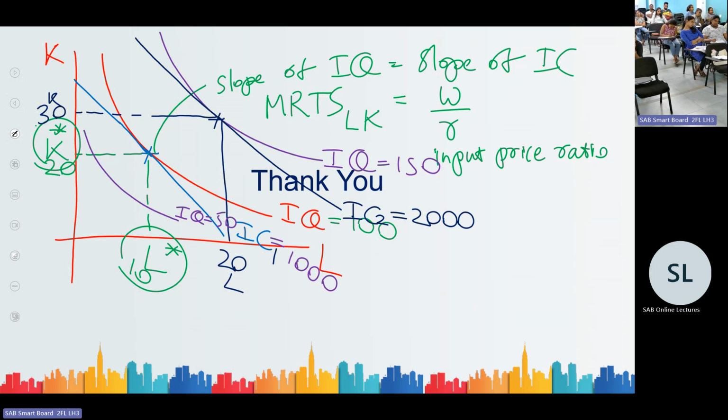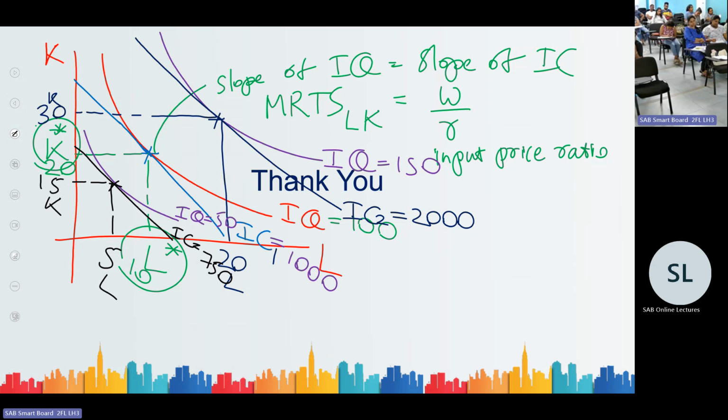No, they can do it with a lesser amount of cost. So they may want to incur, let's say, only 750 rupees. So the optimum combination is here, and at that point, the firm utilizes 5 units of labor and 15 units of capital.